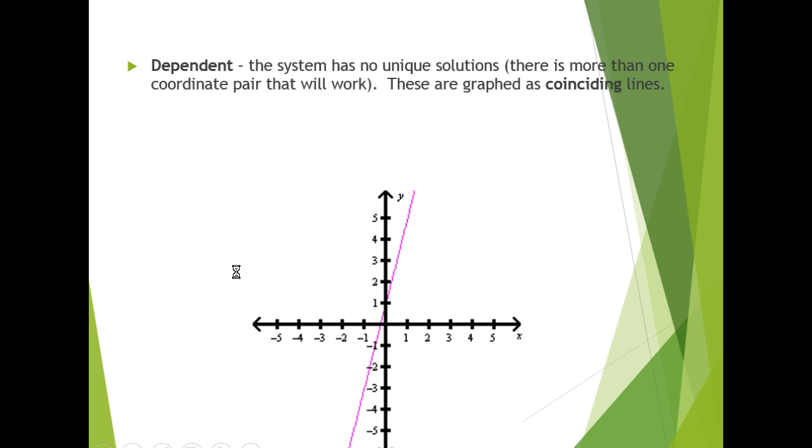The next type of solution is called dependent. It happens when your solution ends up with 2 exact lines that cross over each other, as in this example. We say that these lines coincide. When the lines coincide, every x and y value is a solution. So we say that the solution is dependent.